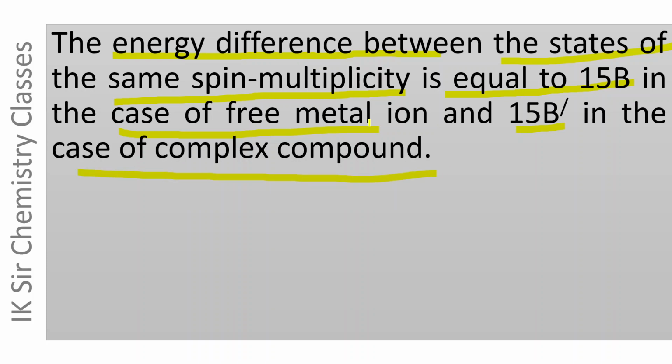Let us understand it again. The energy difference between the spectroscopic states of same spin multiplicity is equal to 15B in the case of free metal ion, and in the complex compound it is equal to 15B dash.